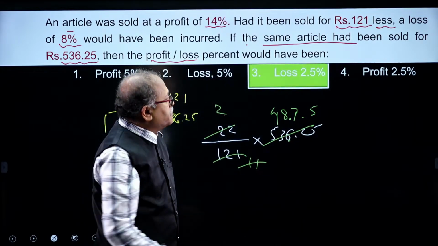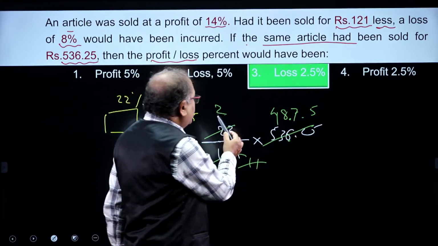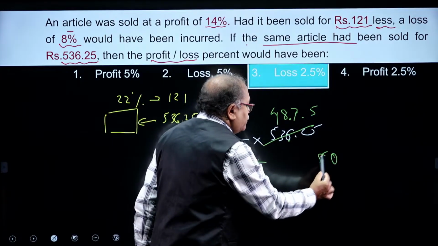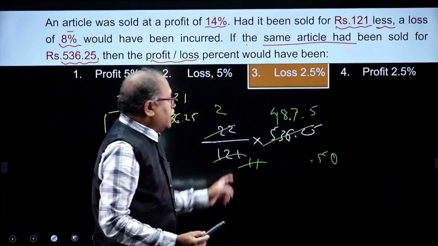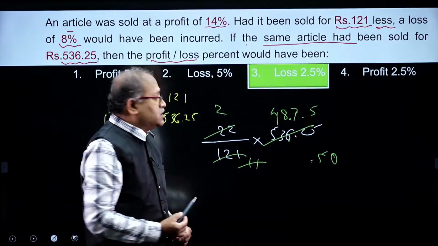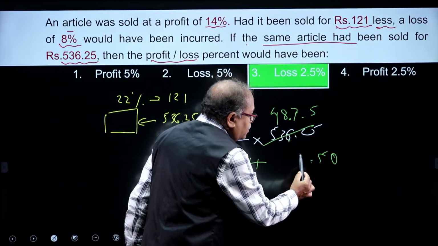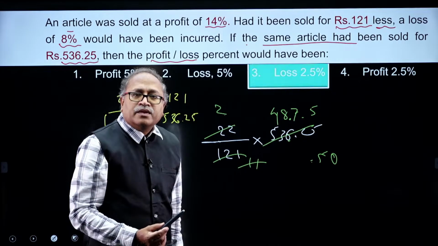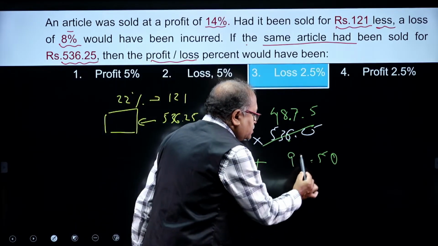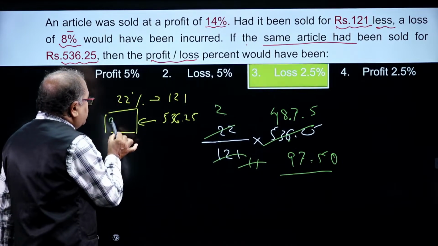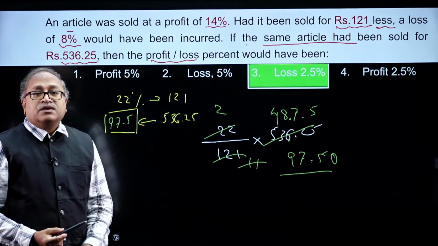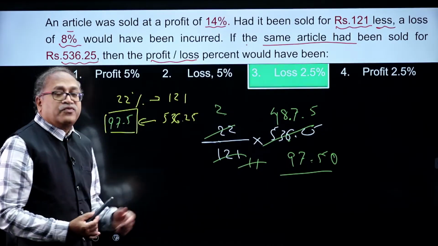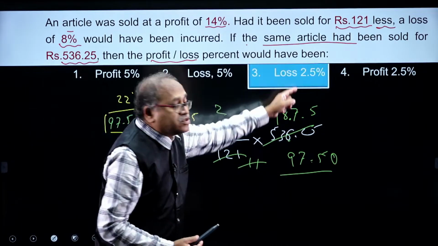So, let us look at what percentage I am getting: 2, 5, 10 carry 1, and 2, 7, 14 plus 1, 15 carry 1, and 48 double is 96, plus carry 1, 97. So, this is 97.5 percentage, obviously less than 100%. How much less than 100%? 2.5 less than 100%. Therefore, there is a loss of 2.5%.